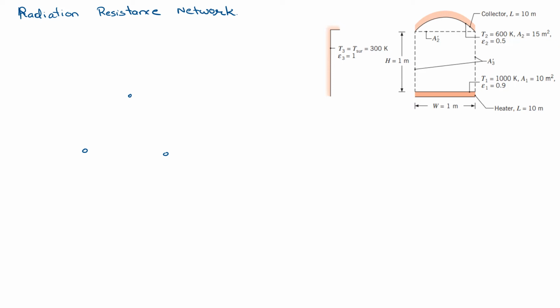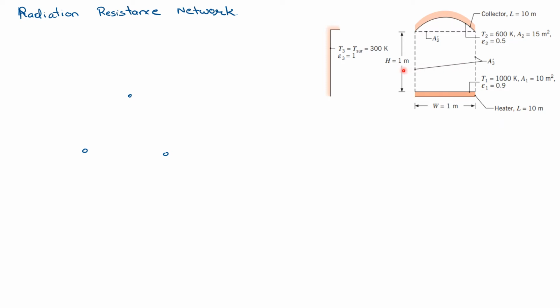Whenever you have to make a resistance network or circuit diagram for a particular body, you first need to identify how many potentials, or how many radiosities, you have in the system.